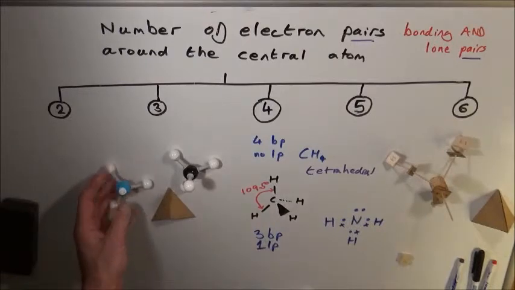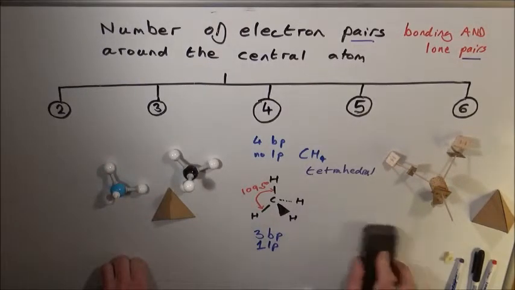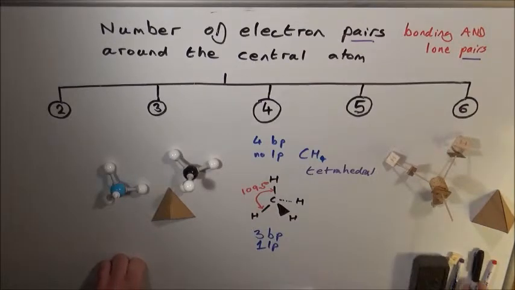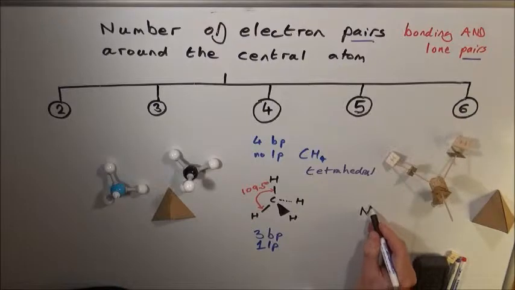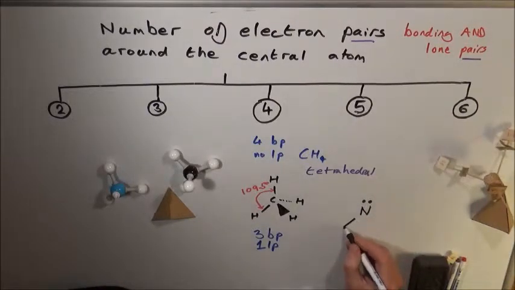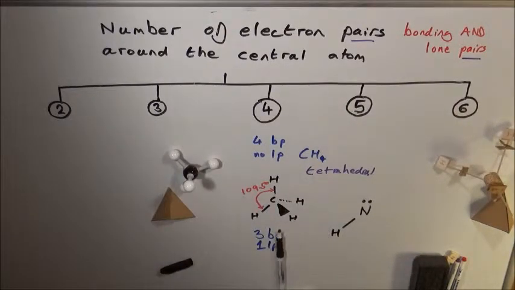So let me show you how to represent that on paper. I draw the nitrogen with the lone pair of electrons on the top. I just put any one of the bonds in the same plane. So let me show you with my diary again.